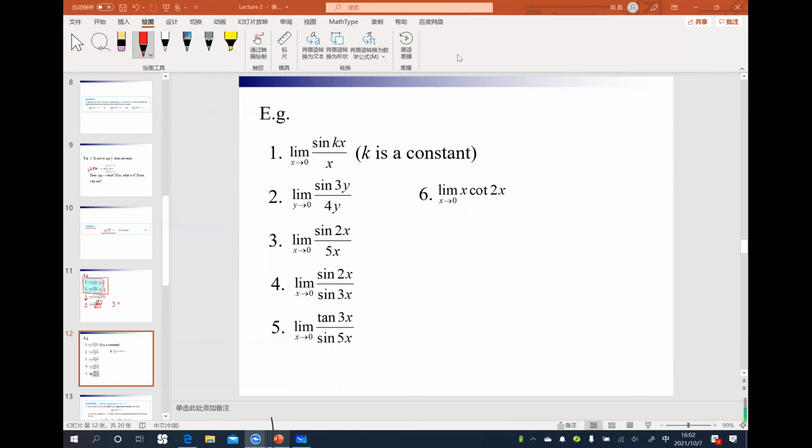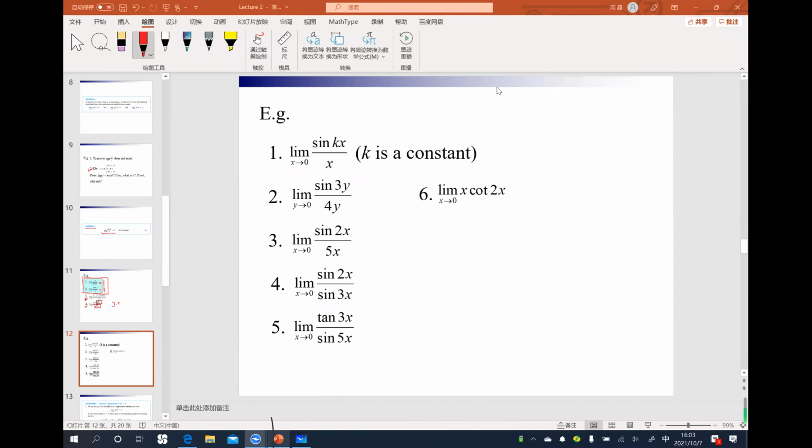Yeah, and for number three, maybe we can give the result directly. So do you get the limit? The limit is 2 by 5.